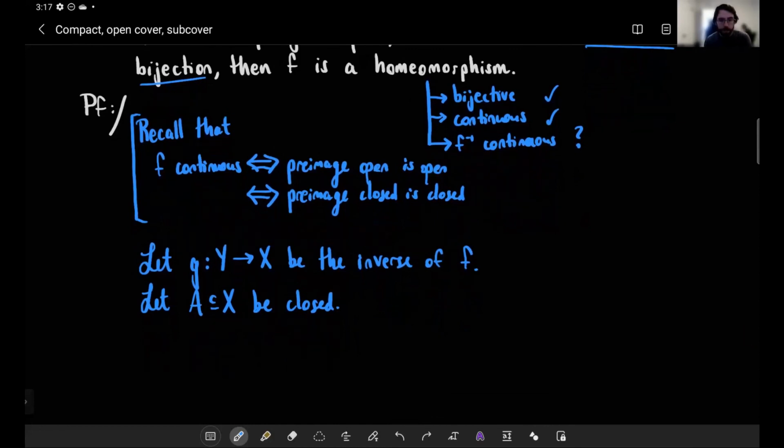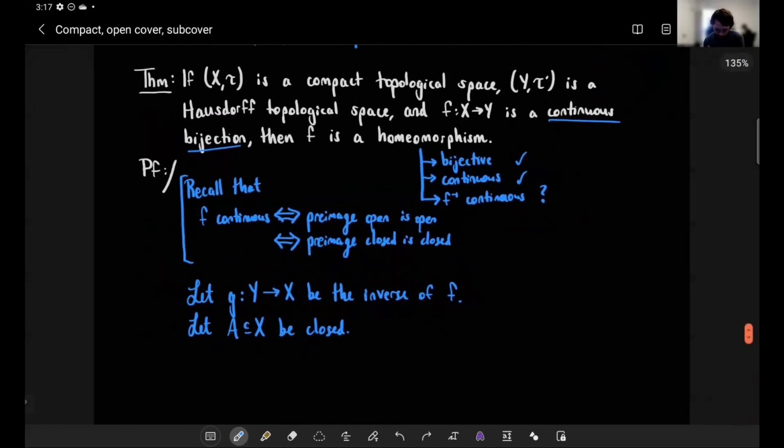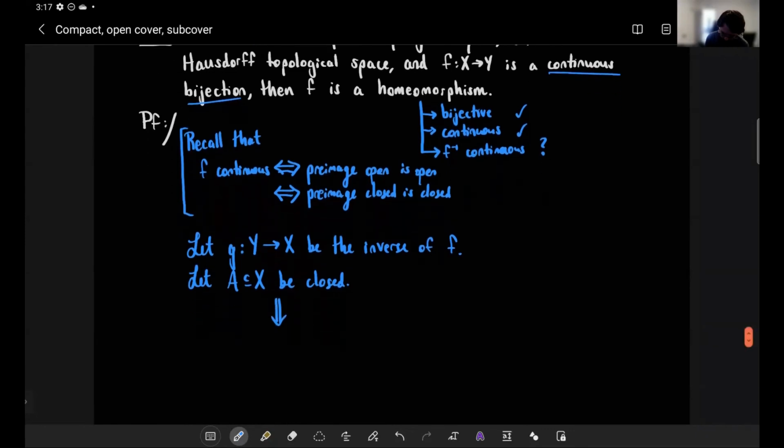What do we know about closed sets in compact spaces? Right? A is a closed subset of a compact space. Oh, well, we think back to that proof, right? Where if I had a closed set, I could take its complement and it's open, and then bring it back down, and any open cover would have had a finite subcover. So A being closed implies that A is compact.